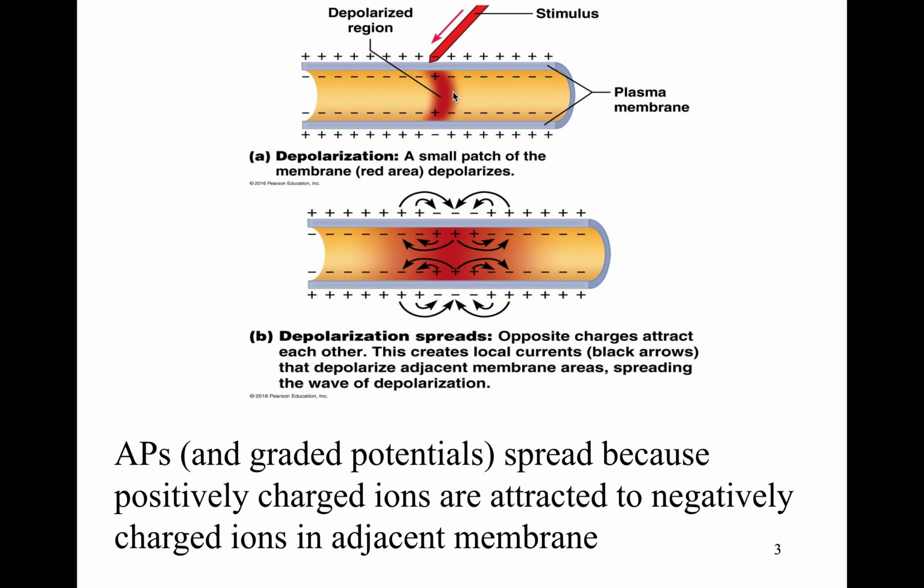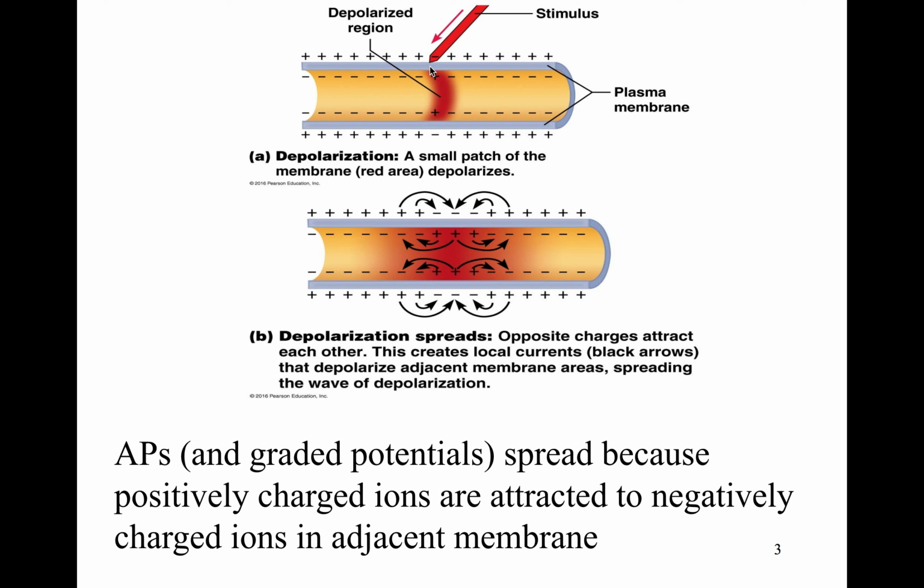So if this is the site where our action potential is generated, we're going to have some initial depolarization occurring. Depolarization is that initial phase of an action potential when you have voltage-gated sodium channels opening, allowing for sodium to enter the neuron.